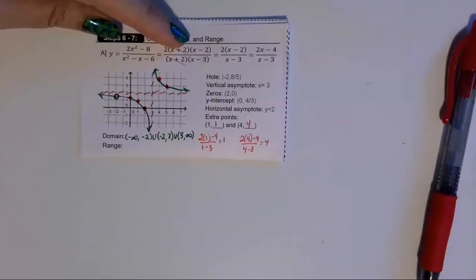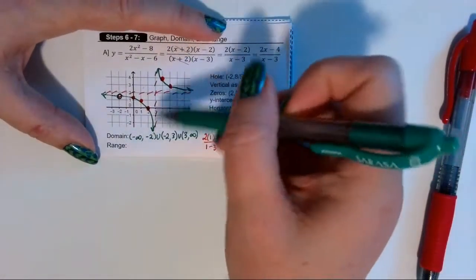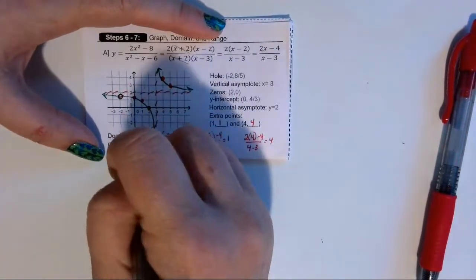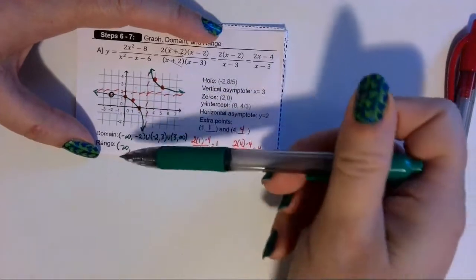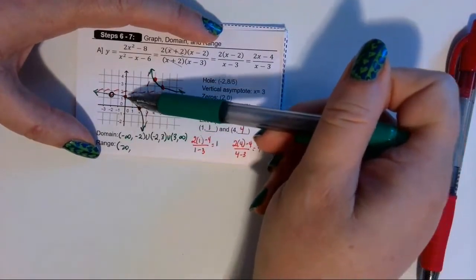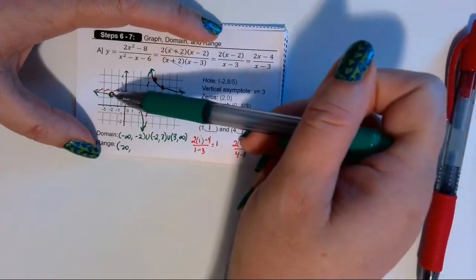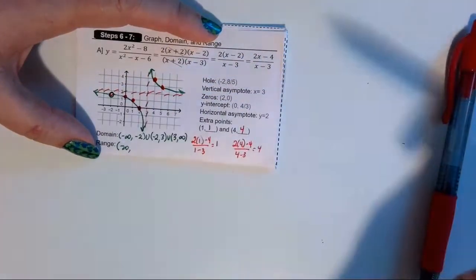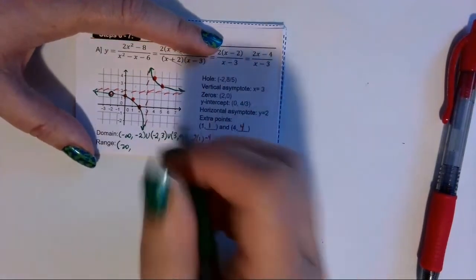And then for the range, that's bottom to top for the y values. So we're starting down here at -infinity, and then we're heading up, up, up, and then the first undefined area we come to in the range is at that hole, which has a y value of 8/5.